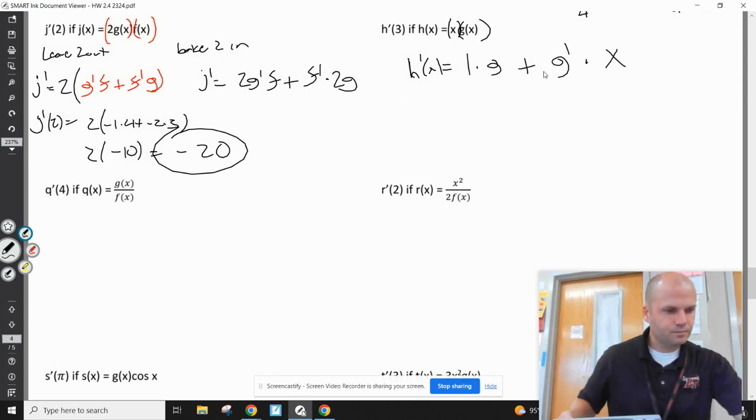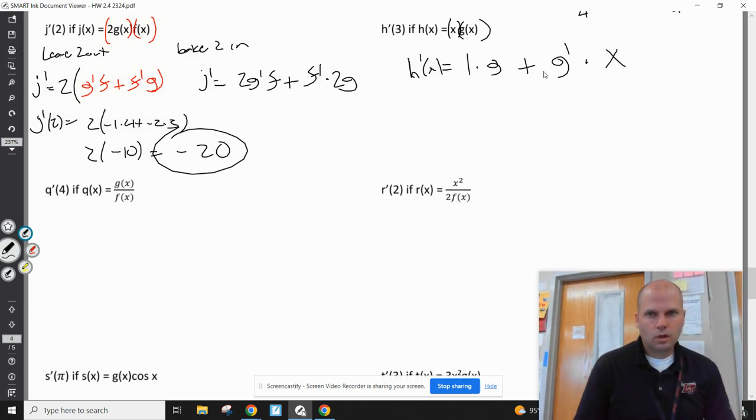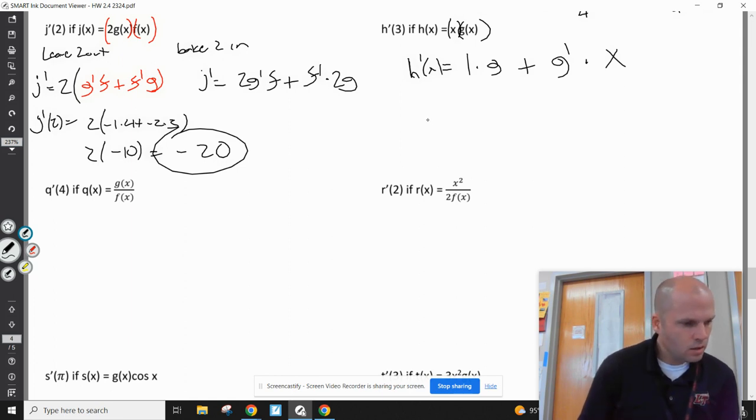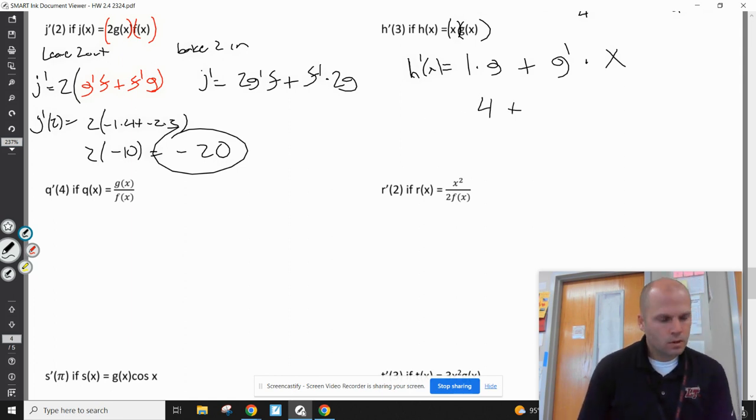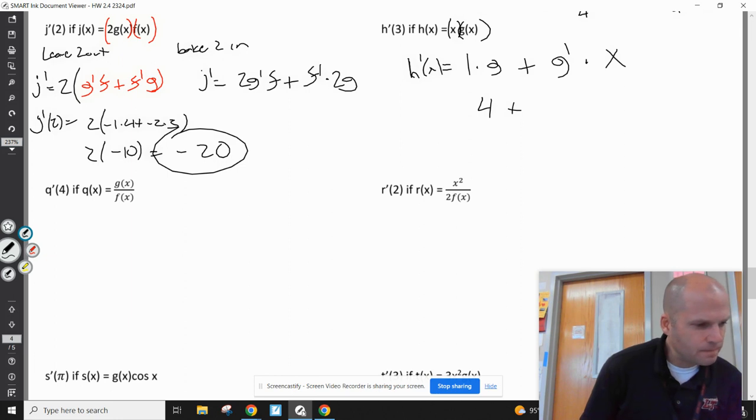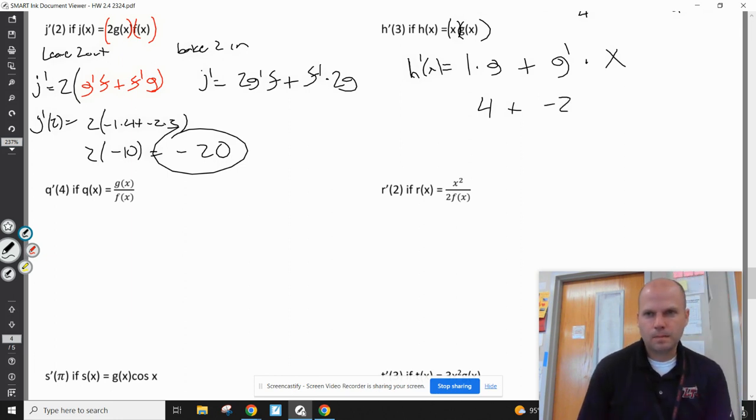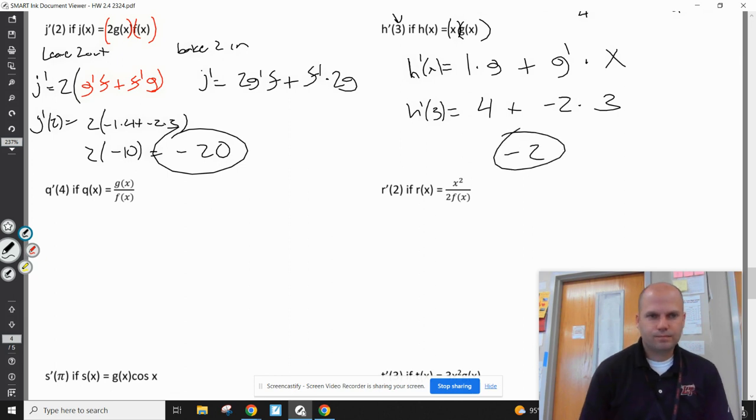Okay. Let's look. I got G of 3 is 4. G prime of 3 is -2 times plugging in 3 for X. 4 minus 6 is -2.